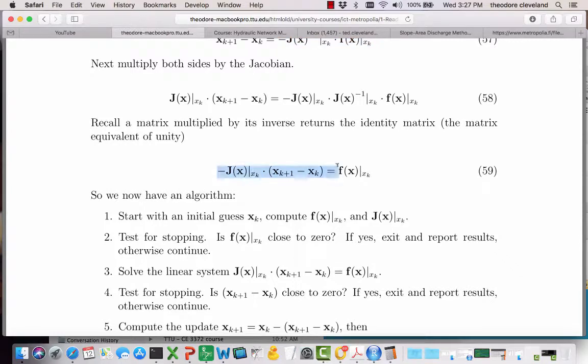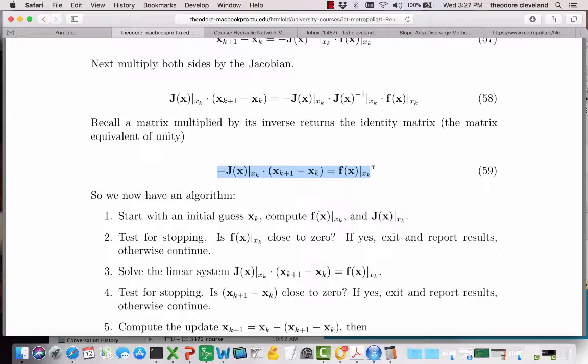This version is much more preferable because we're not inverting a matrix. We compute a Jacobian, we treat f of x as the right-hand side, and then we solve for the unknown vector, which represents the change in x, x_{k+1} minus x_k.